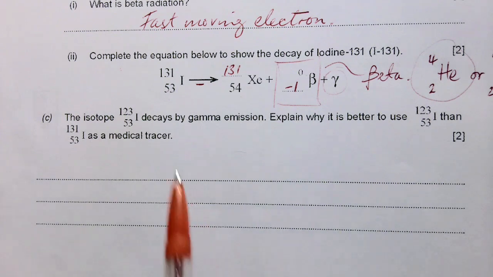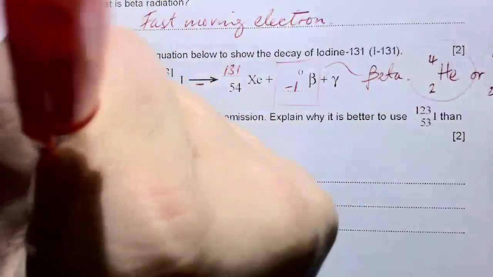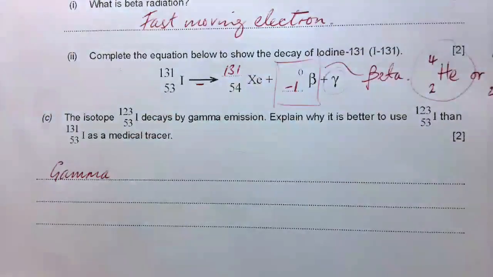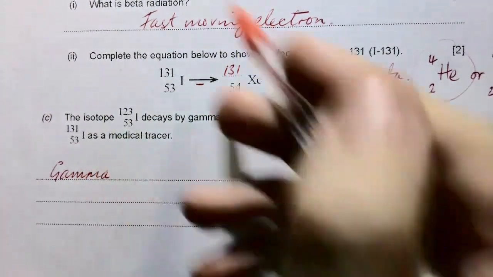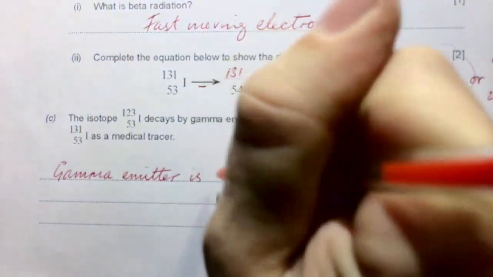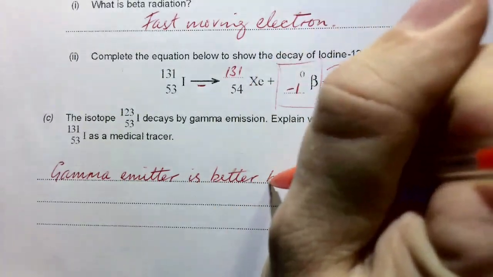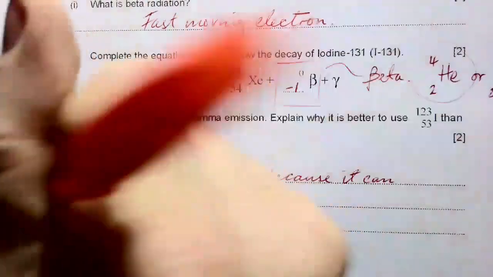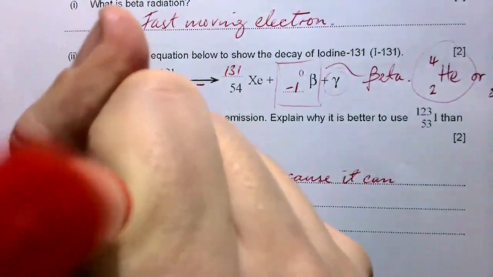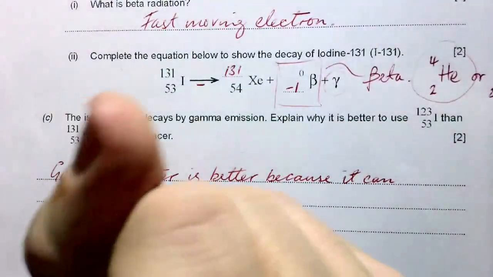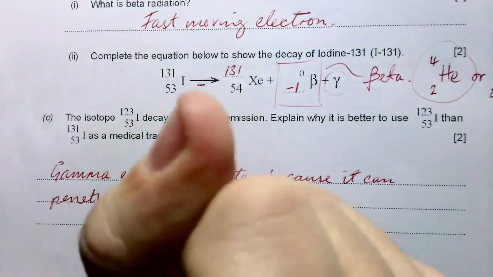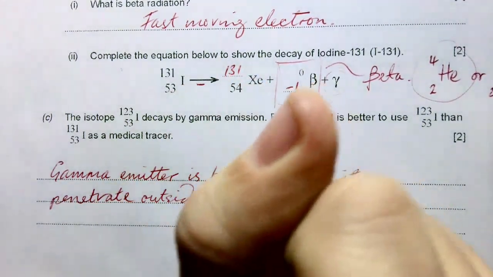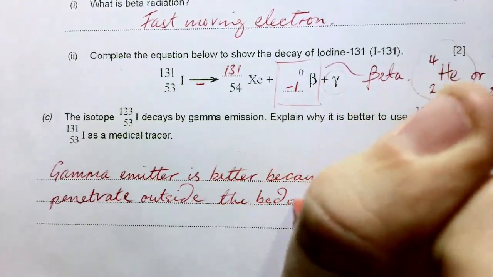The important thing here, though, is that we've got to decide between these two sources. Now, gamma would be the best. So explain why it's better to use a gamma emitter: it is better because it can penetrate outside the body and be detected.